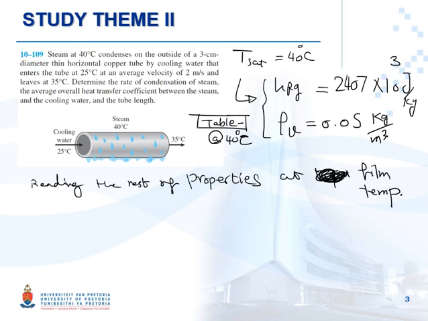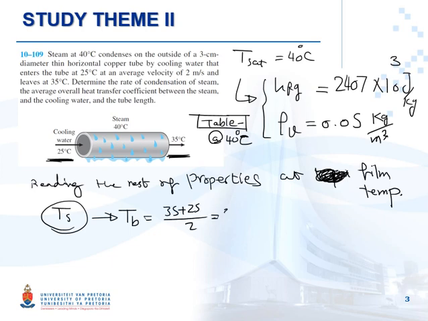We know that Tsat is 40, but what is TS, the surface temperature here? The water inlet temperature is 25, outlet temperature is 35, so TS here is T bulk, 30. So T film will be 40 plus 30 divided by 2, which is 35 degrees.